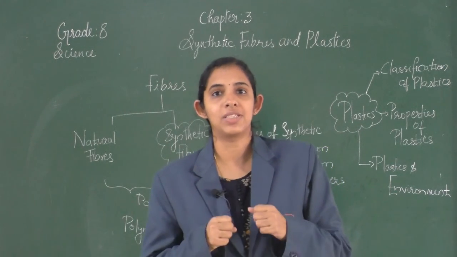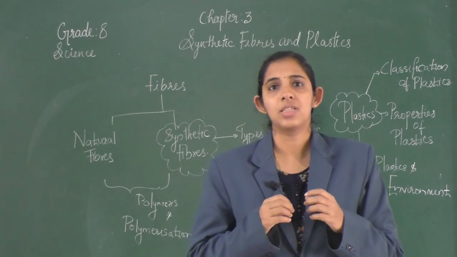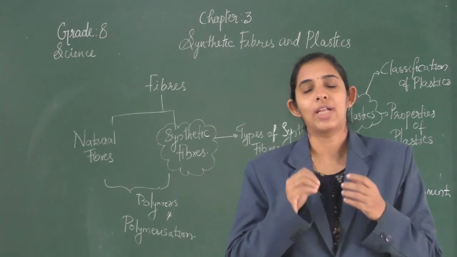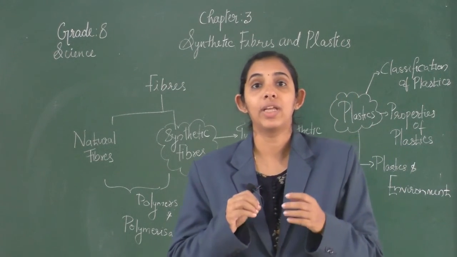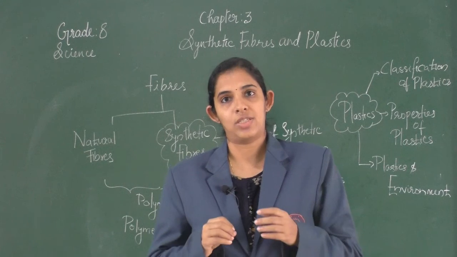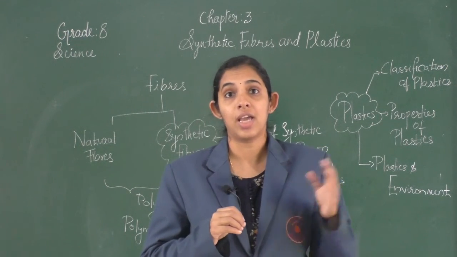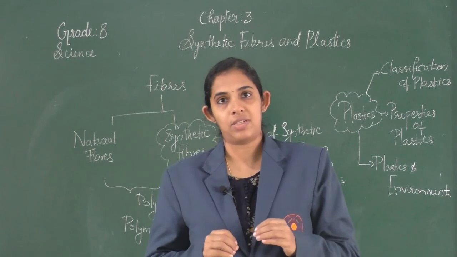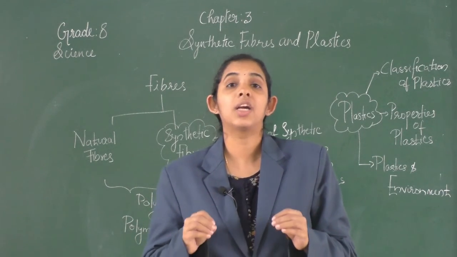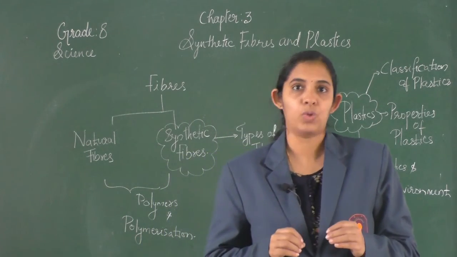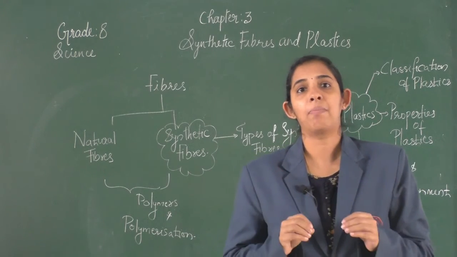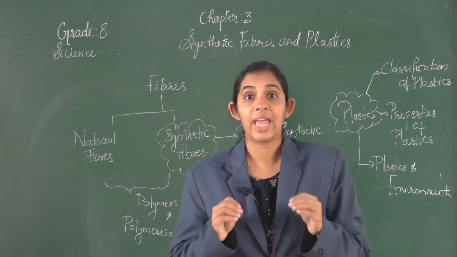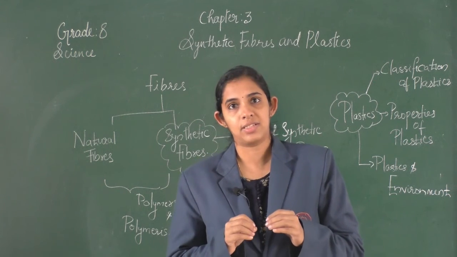What are biodegradable substances? Substances which can be decomposed through natural processes, we call biodegradable substances. But plastics belong to the second group, that is non-biodegradable substances. They cannot be decomposed by any natural process. So it is very important to keep our environment safe from plastics.